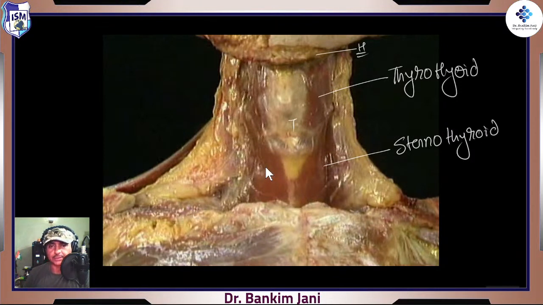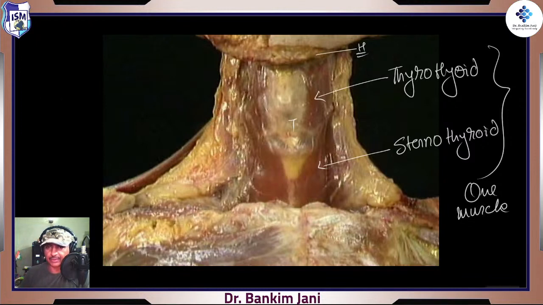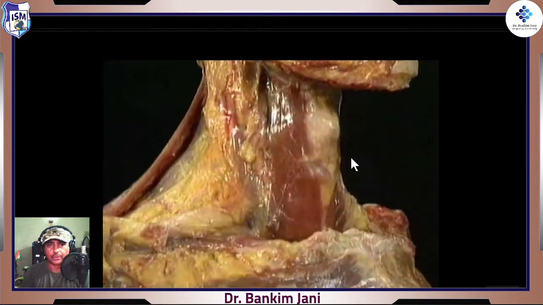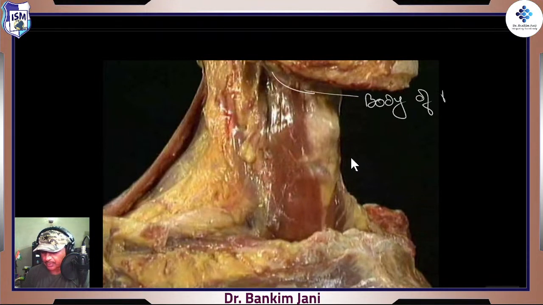So in fact, from hyoid to thyroid and thyroid to sternum, this is actually one muscle only. It's like one continuous muscle. Okay, so this is where the body of hyoid.